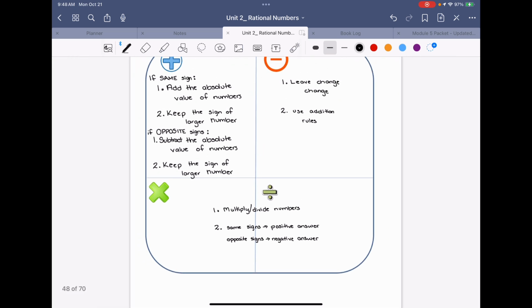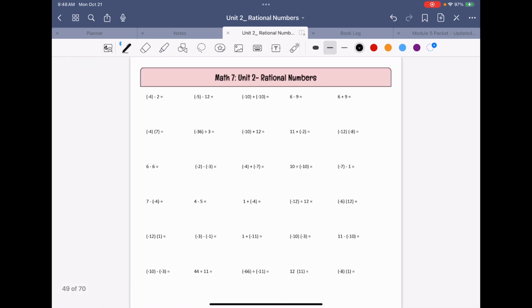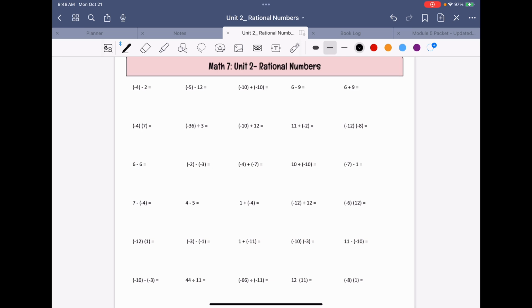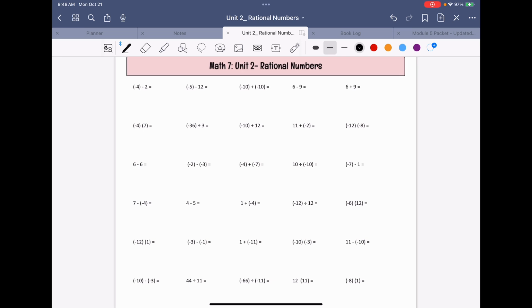On the next page, you're just going to see that it has a bunch of practice. So what I'm going to have you do is just pause the video, solve all these problems, and then you can unpause the video and just check your answers with what I have on the paper.